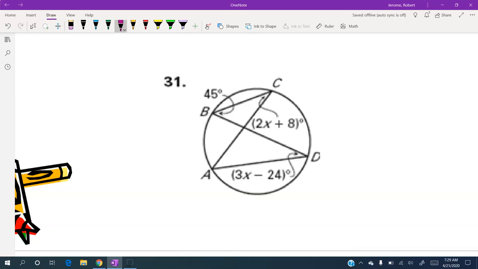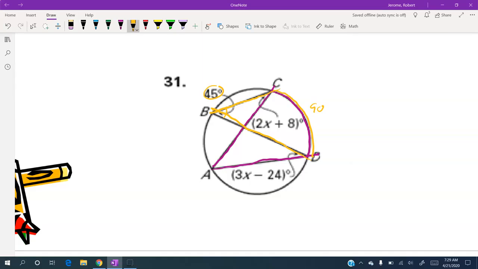Let's do angle A. So there's angle A and its arc, which of course we don't know. And I'm going to pair that. I'm going to use the same arc, and I'm going to trace the sides back, and I get a 45-degree angle. So angle B is 45, which means the arc is 90.